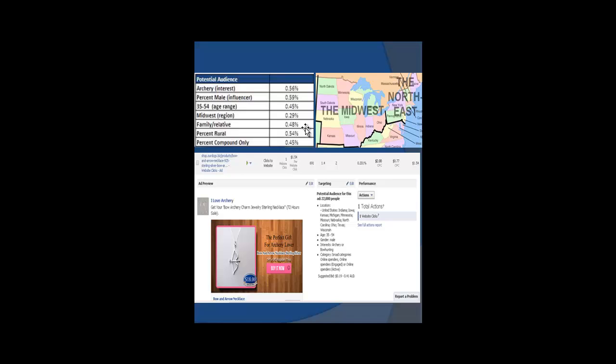Now tell me, can Facebook tell you the Midwest map? Can Facebook tell you the percentage of rural area? I doubt it. I doubt it will tell you who influenced them. I doubt it tells you what ratio of archery interest that is.